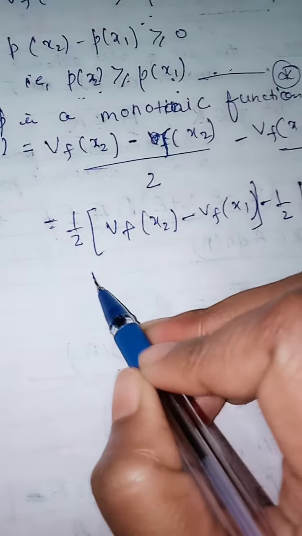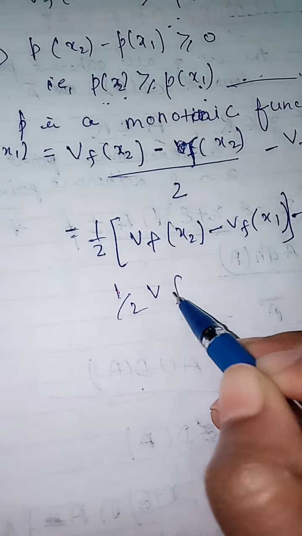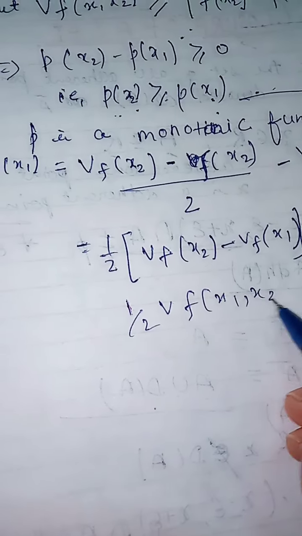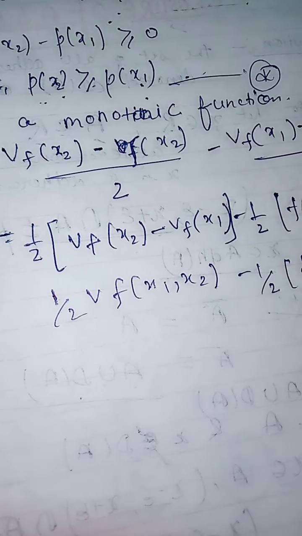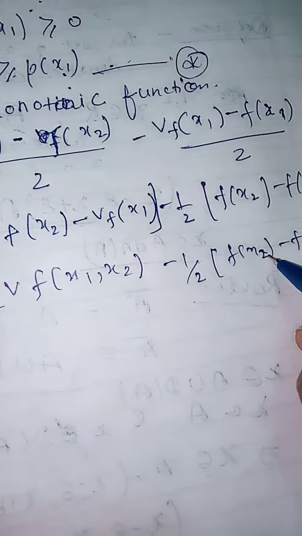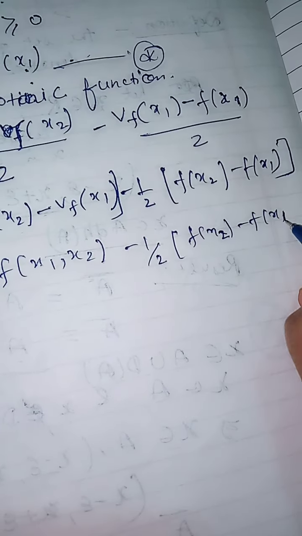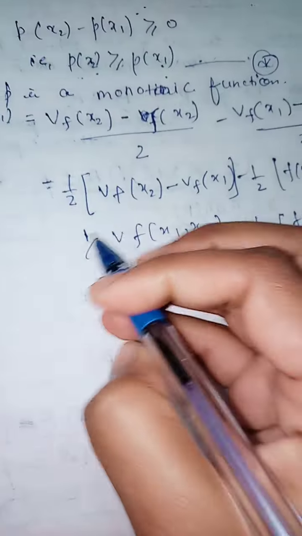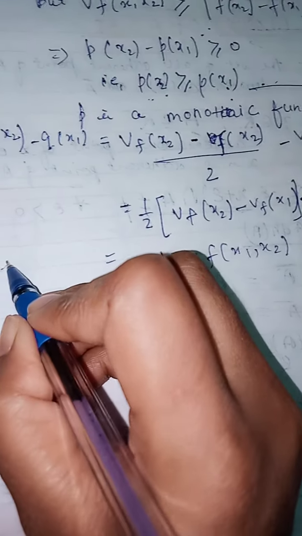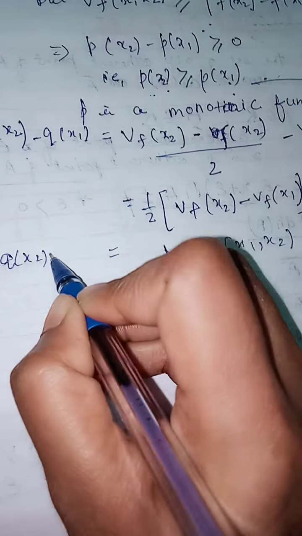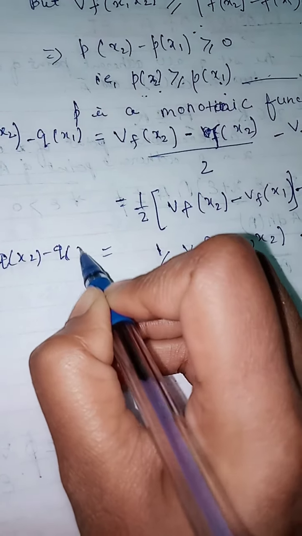What we have got here is 1/2 of the variational function from x1 to x2, minus f of x2 minus f of x1. Okay, this is q of x2 minus q of x1.